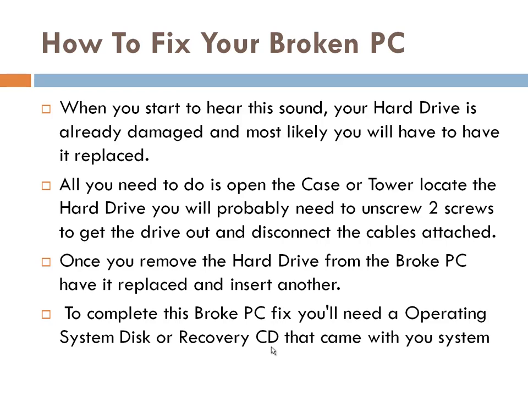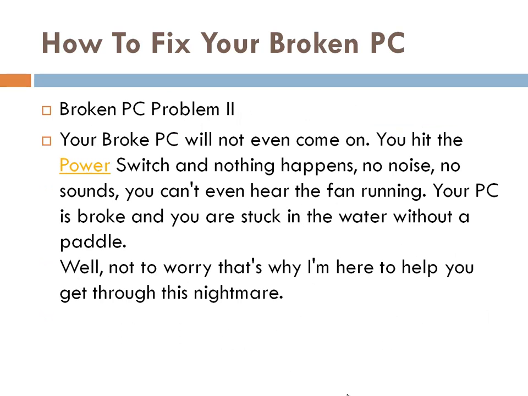I'll cover those things in another chapter, but I'm just going to continue briefly on what's going to be going on here. Once you remove the hard drive from the broken PC, you're going to have it replaced with another. To complete this broke PC fix, you'll need an operating system disk or recovery CD, and this will be the CD that came with your system.